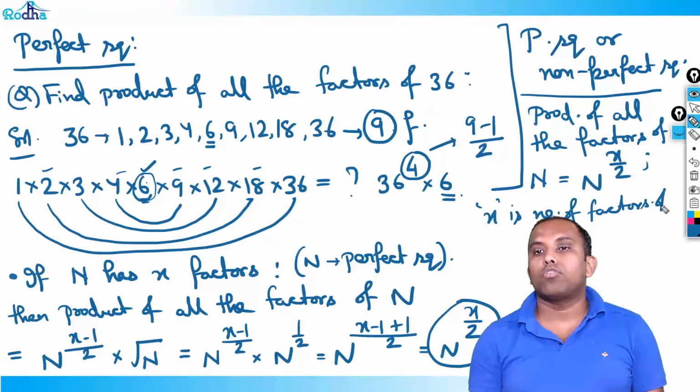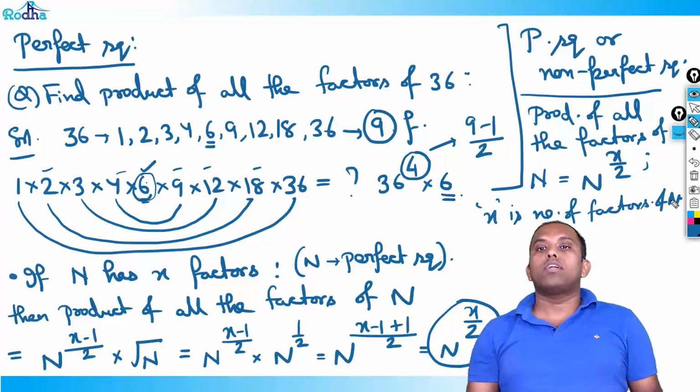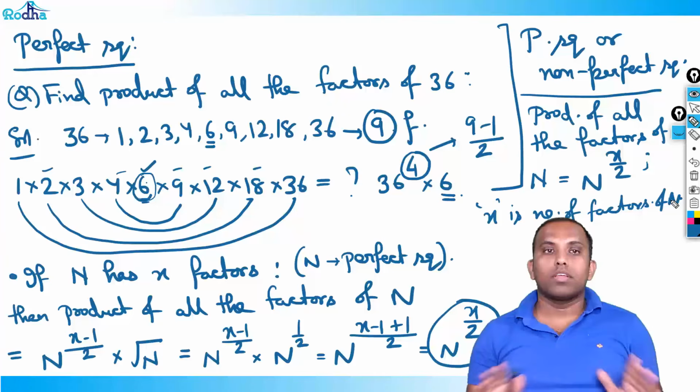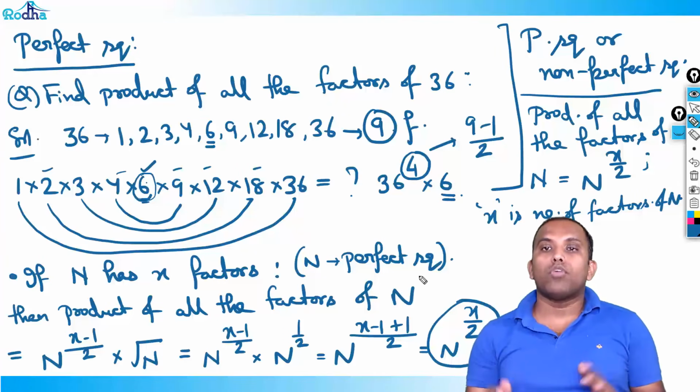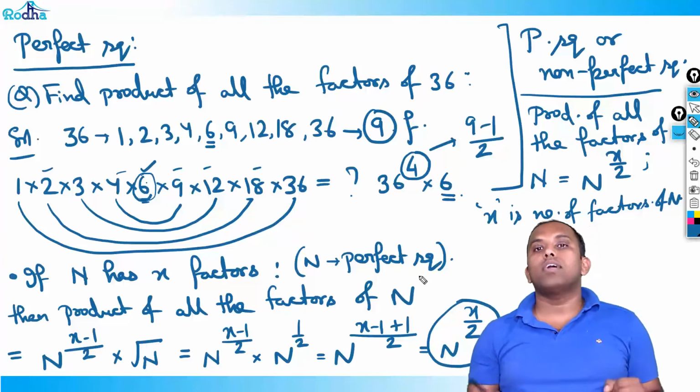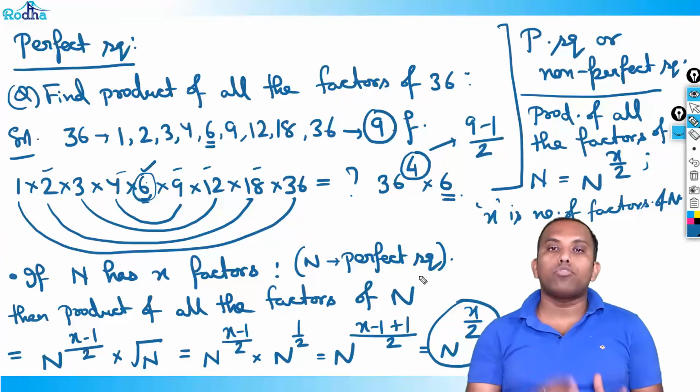This result holds true in every case, right? So the product of all the factors of n is equal to n raised to x by 2, and x is the number of factors here.